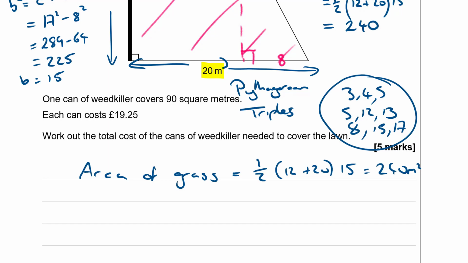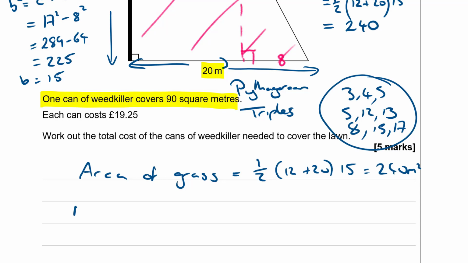Now, 1 can of weed killer covers 90 square meters. We need to use this piece of information next. We've got 240 square meters to treat, so we are going to need 90, 180, 270. We're going to need 3 cans. You can't buy fractional cans from the shop, and they tend to complain, so you need to buy 3 cans.